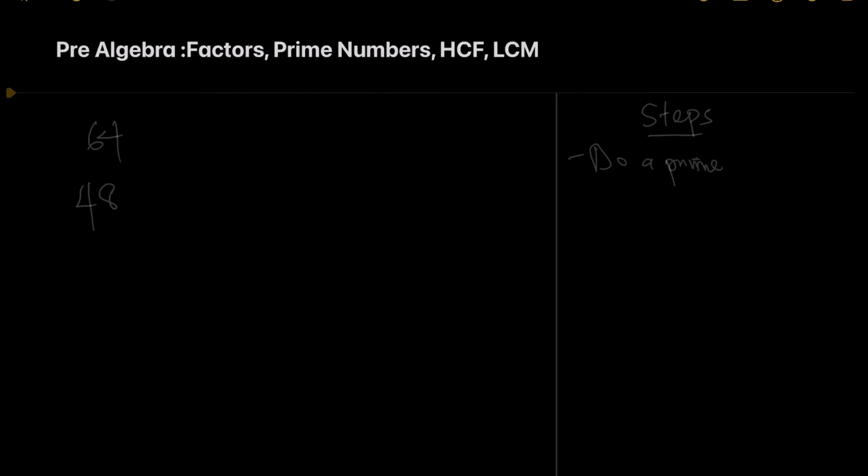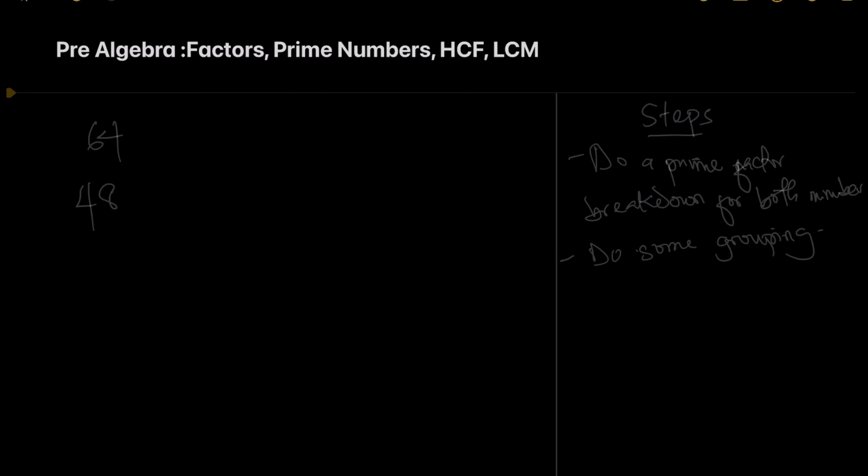So in this step, what we will do is we will first do a prime factor breakdown for both numbers, or all the numbers that you're trying to find the highest common factor of, and then we will do some grouping. In this grouping, we basically just select what is common to the different groups of numbers.